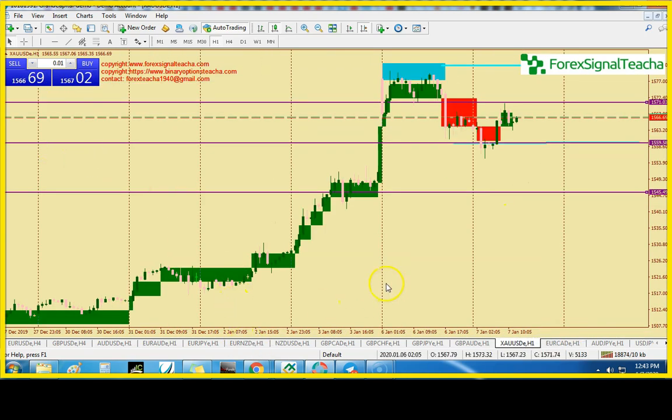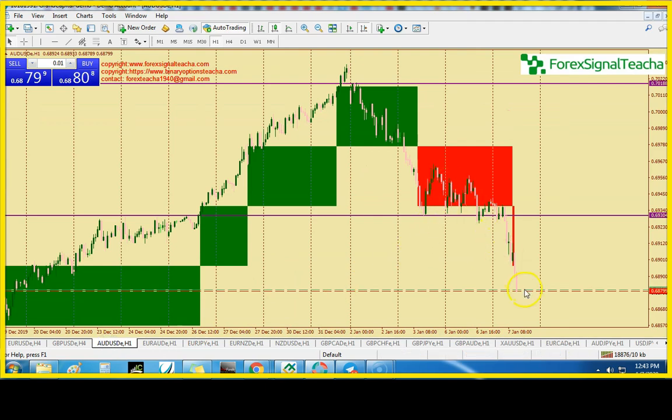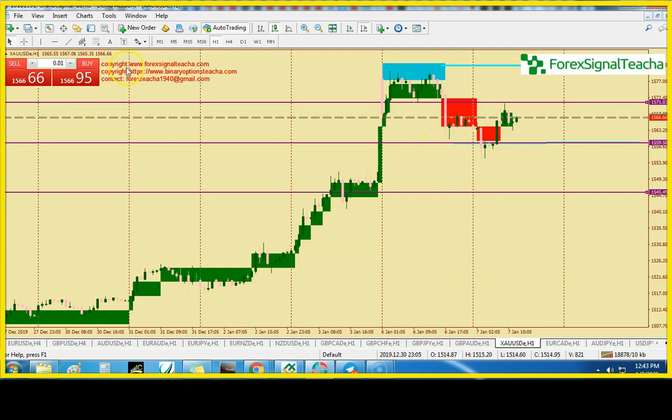This sell signal was generated on the 3rd, which is somewhere here. Sorry, let me check here. Okay, when the market opens it's a jump, but once you start seeing this negative here, we are expecting that the gold is also going to give us a negative signal, which was this one here. It only went about 185 pips.